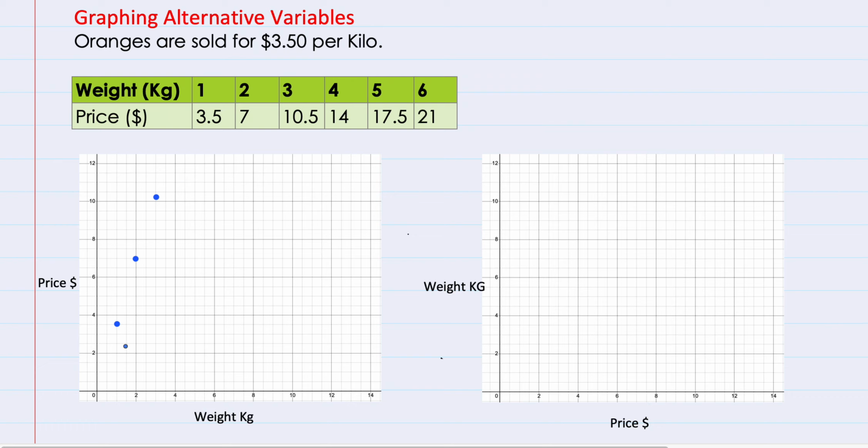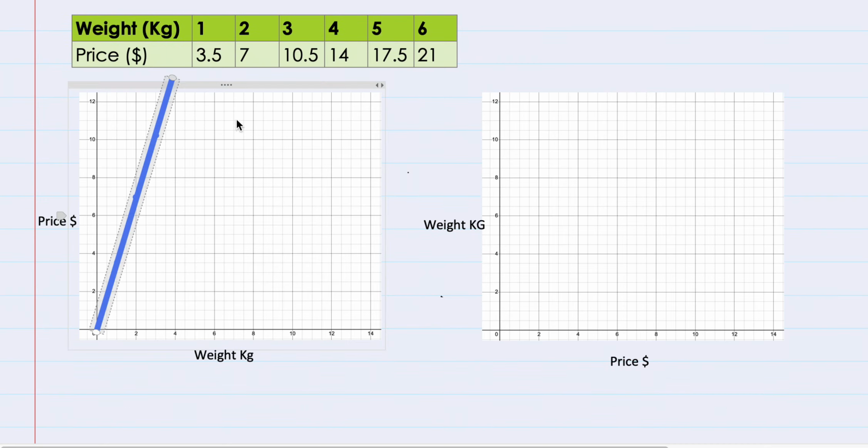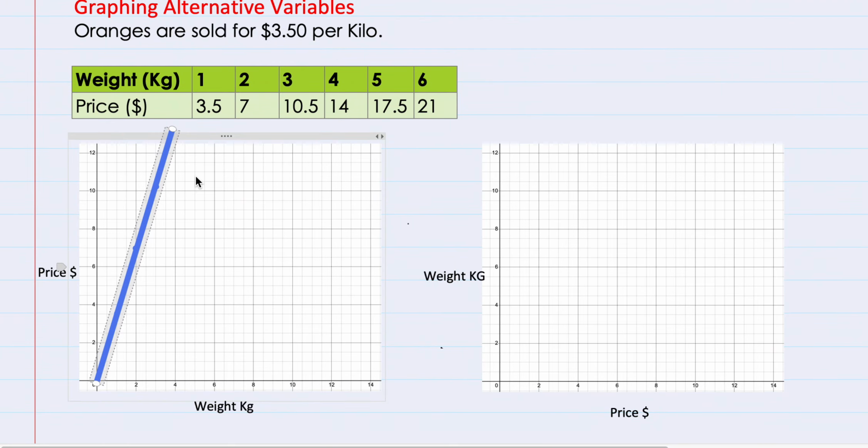But notice that we've got a reasonably straight line here, and we can draw our line in. Which is fairly accurate. And we have a very steep line here. So as the weight of our oranges increase, our price increases.